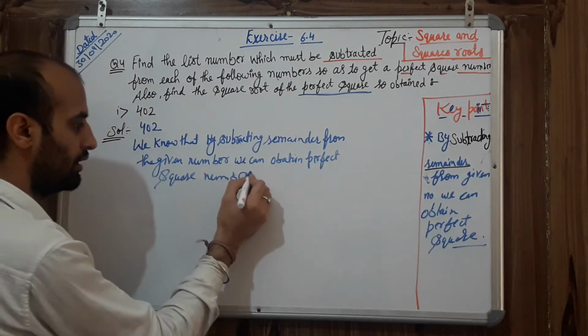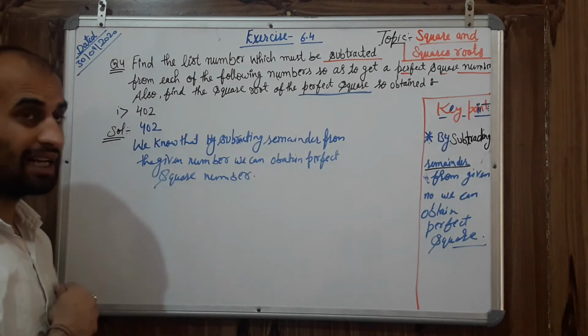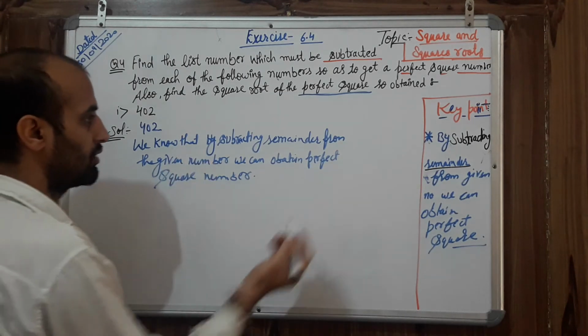This is the priority, this first line. After the first line, our task is to divide this number. So let's start the division work.